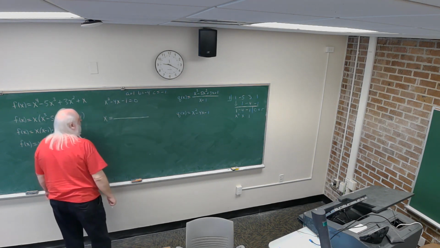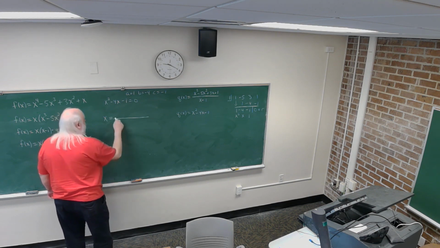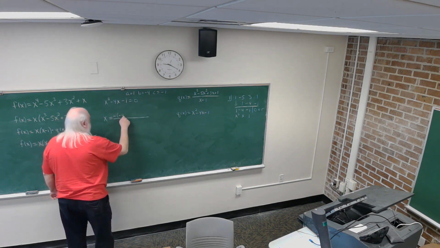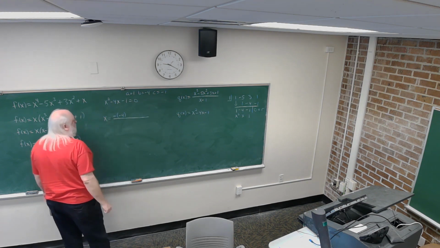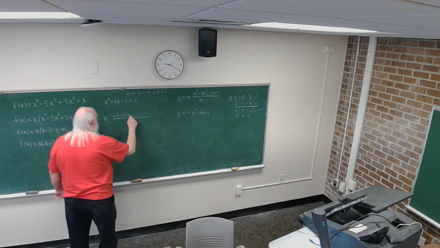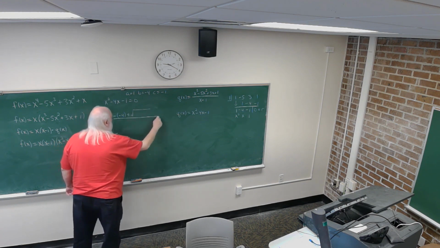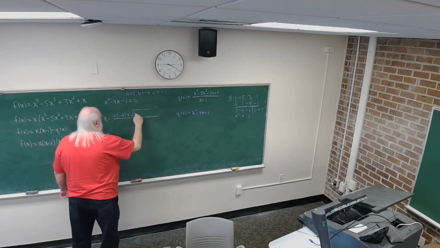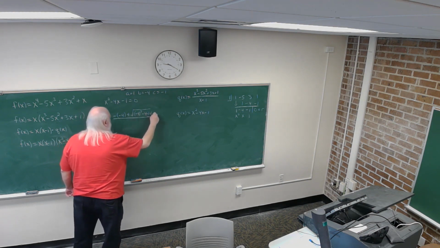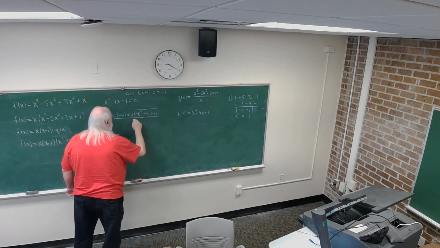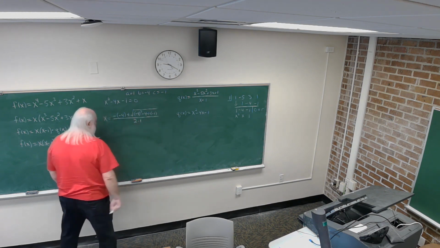So using the quadratic formula, x is equal to negative b, which is the negative of negative 4, plus or minus the square root of b squared, which is minus 4 squared, minus 4 times a, which is 1, times c, which is negative 1, all over 2 times a, which is 2 times 1.